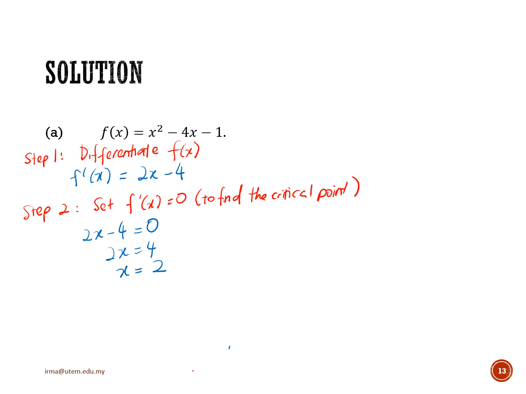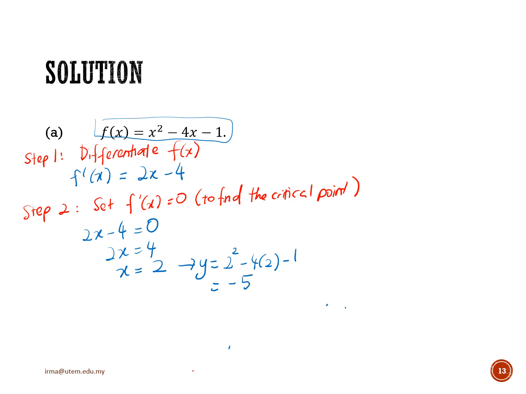So we can find y by substituting x equal to 2 in the function f x. So you have 2 squared minus 4 times 2 minus 1, which is equal to 4 minus 8, negative 4, minus 1.